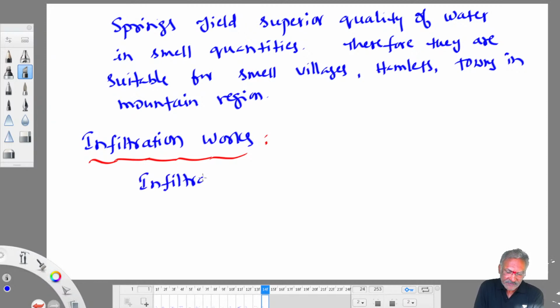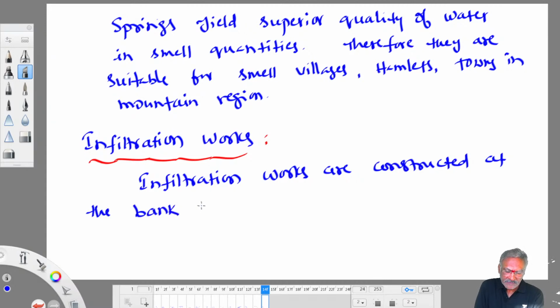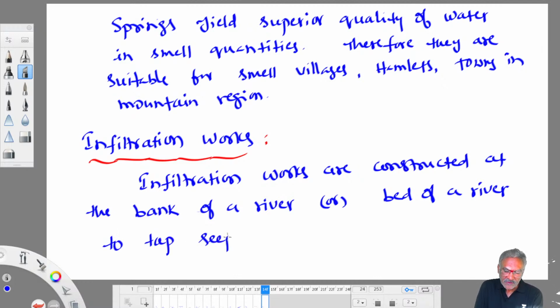Infiltration works are constructed at the bank of a river or bed of a river to tap seepage water from the aquifer. To tap seepage water from aquifer we construct infiltration works.